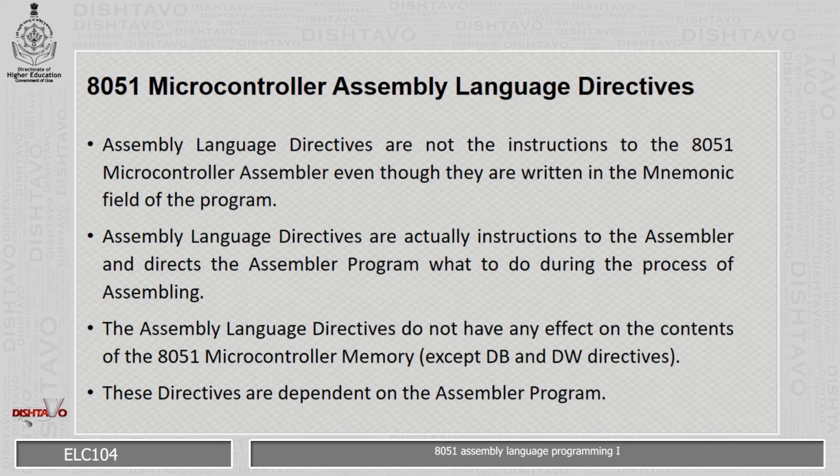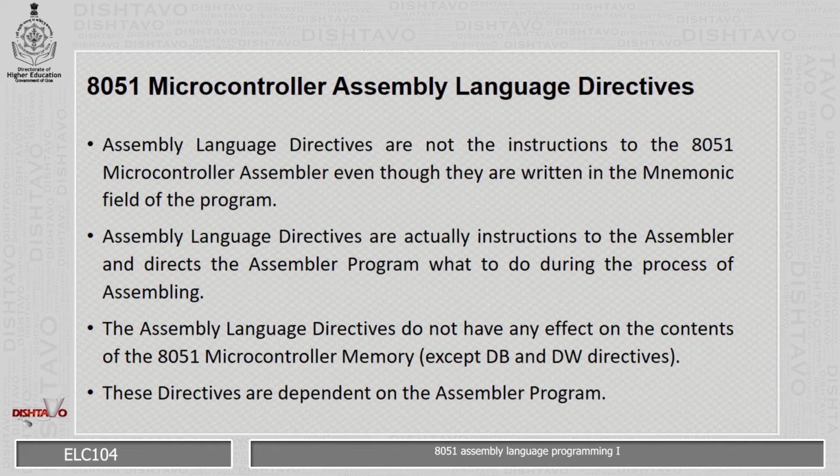8051 microcontroller assembly language directives. So what are assembly language directives? These are not actual instructions to the 8051 microcontroller, even though they are written in the mnemonic field of the program. Assembly language directives are instructions to the assembler and direct the assembler program what to do during the process of assembling.